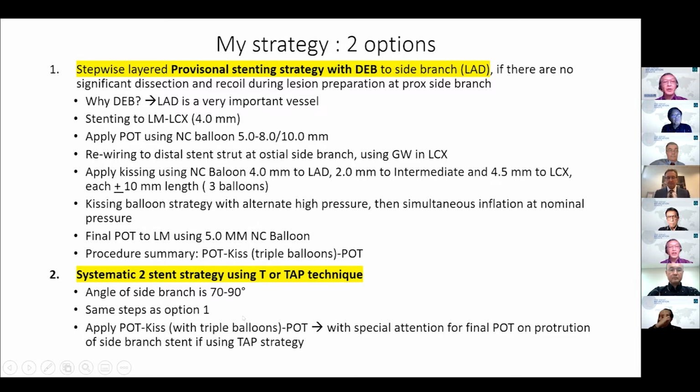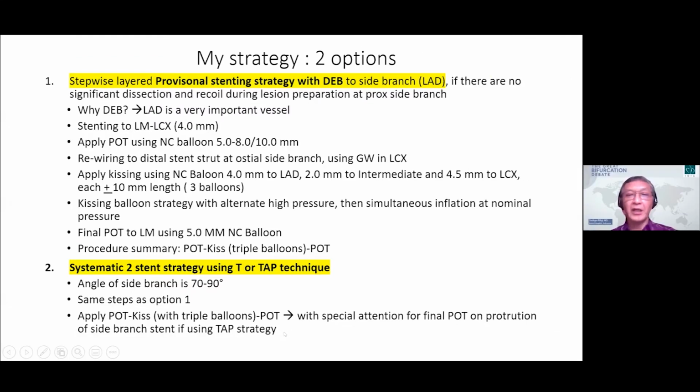But be careful applying the final POT, especially if we choose the TAP strategy, because it may change the stent at the ostium, especially if the protrusion of the side branch stent is too deep. So we have to be very careful using the final POT in this strategy.